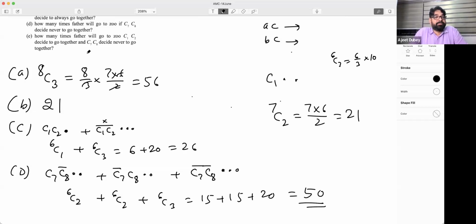Now, E bit. How many times will father go to the zoo if C1, C2 decided to go together and C7, C8 decided never to go together? This is a beautiful question.